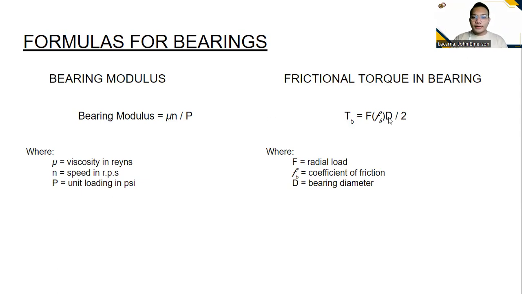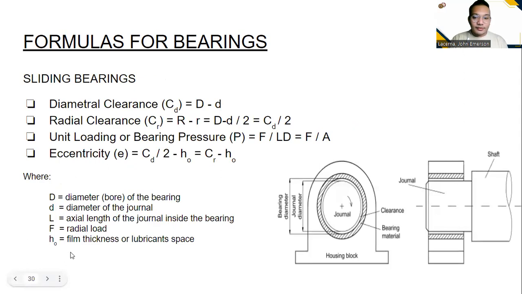Next, we have the frictional torque formula in bearing. It is denoted by T sub B equals F or radial load multiplied by our coefficient of friction multiplied by bearing diameter divided by 2. So, saan mahanap si coefficient of friction? Okay, kung babalik tayo dito sa ating previous slides, we have our eccentricity formula.